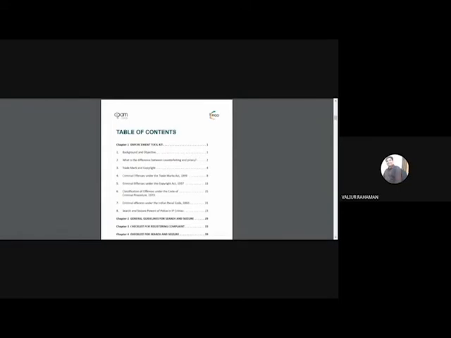According to the acts, how people can be identified as offenders, as criminals, right? All the facts related to these items of the acts are covered in the IP toolkits.